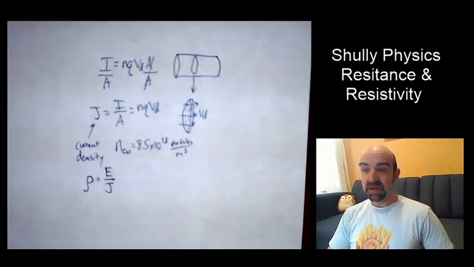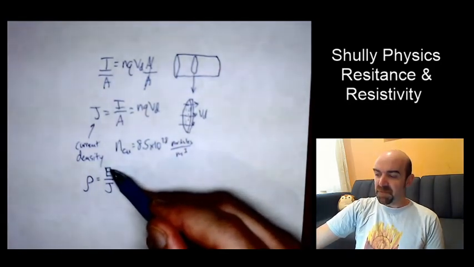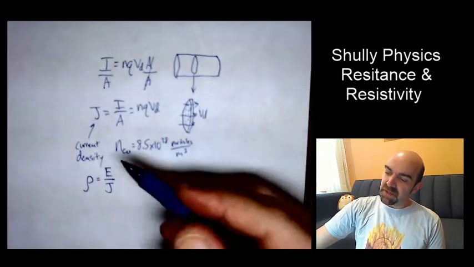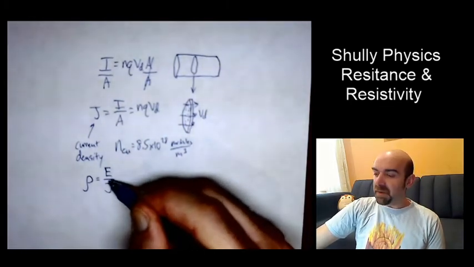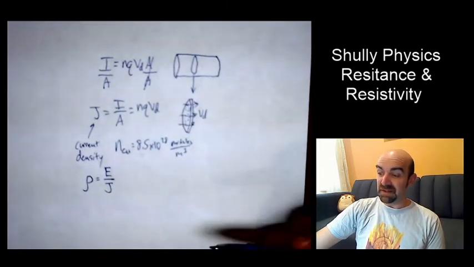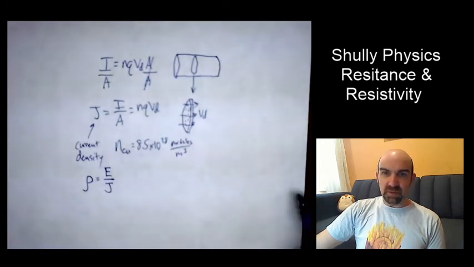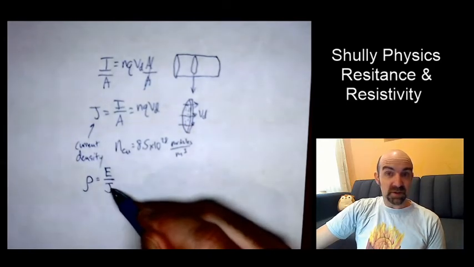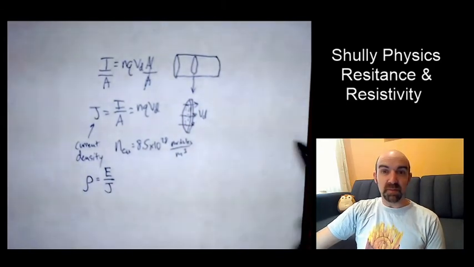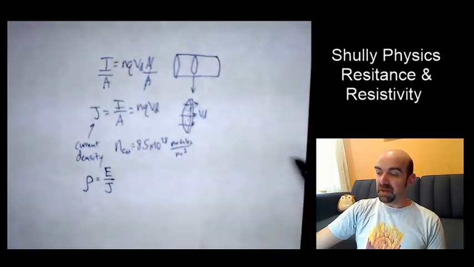This ratio shows us how strong the electric field is in the material compared to its current density. If you raise the electric field higher and higher, that should also increase the current density. A stronger electric field will motivate those charges to move faster or move more.